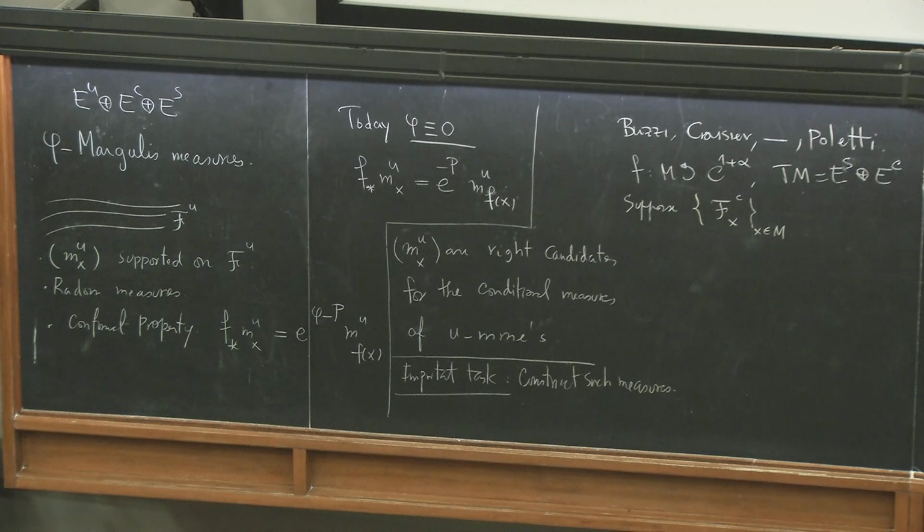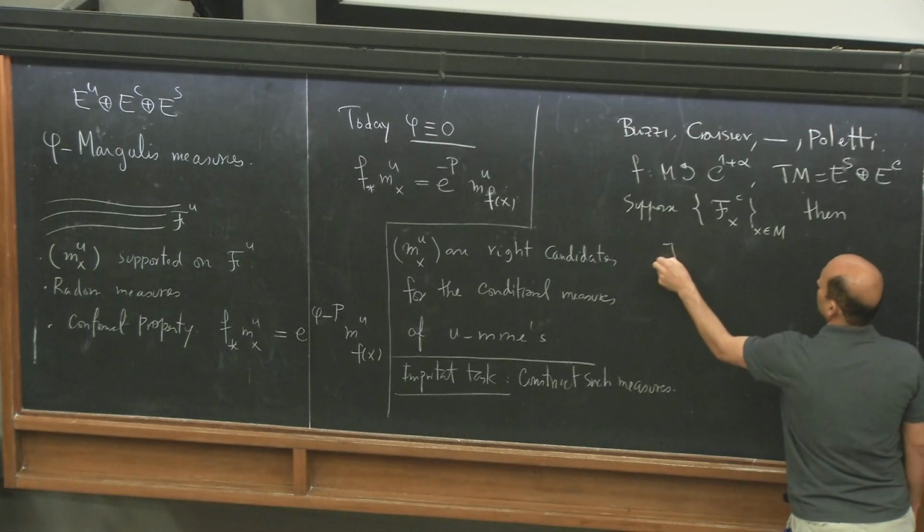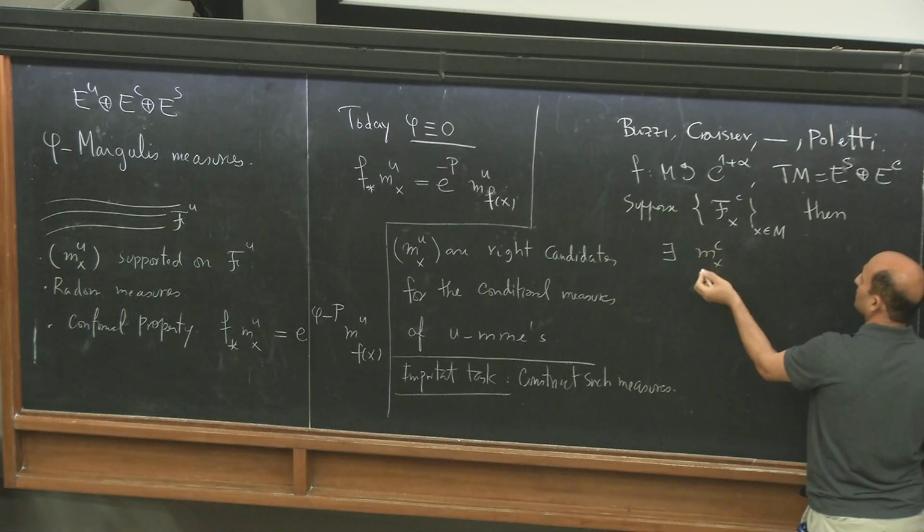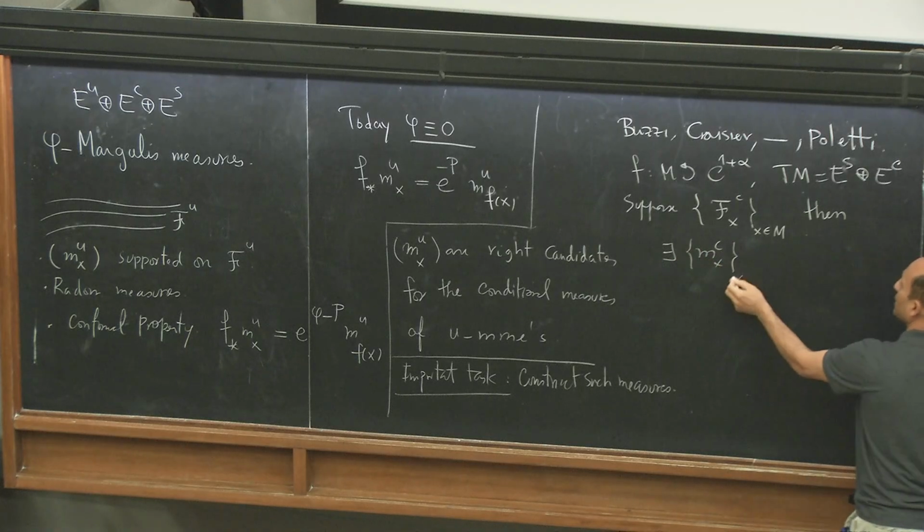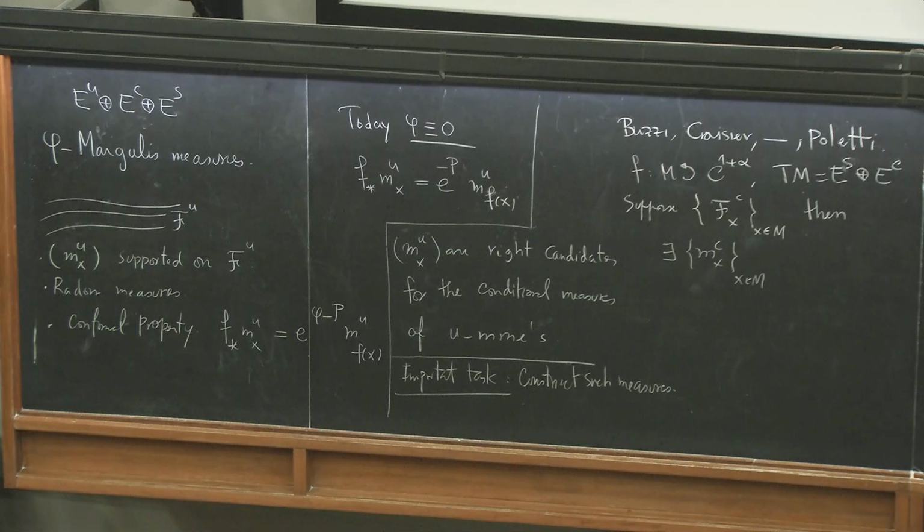Then there exists at least a family of measures defined on the whole manifold, which are a zero Margulis family, or constant Margulis family.